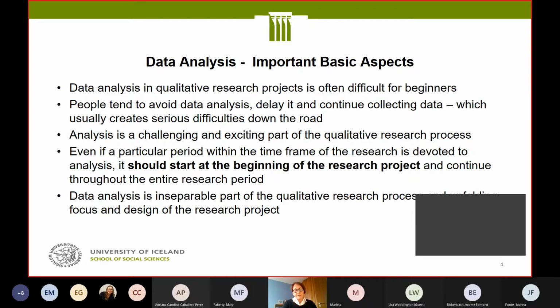Actually, it is correct that towards the end of the research period, there is a particular time devoted to the analysis, where you have finished data collection. But data analysis should start with your first interview or your first data collected, and it should continue throughout the entire research period.